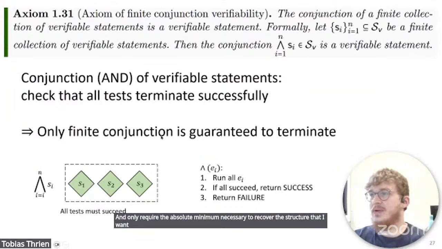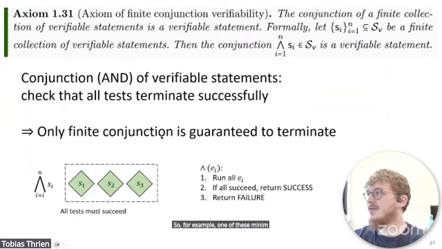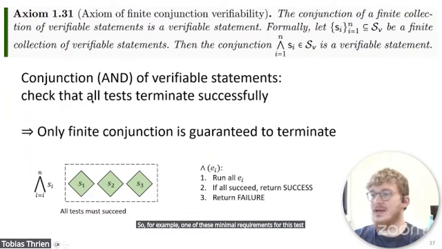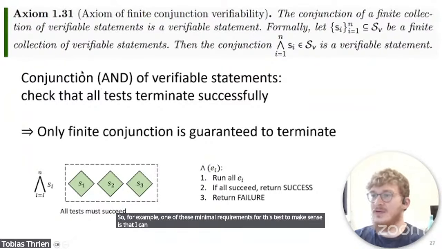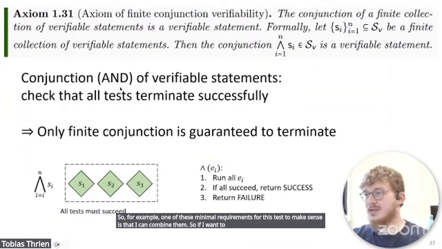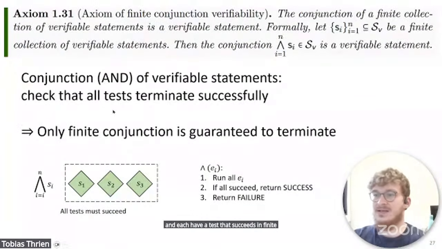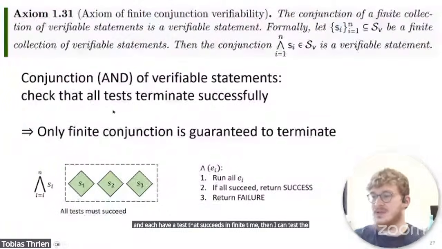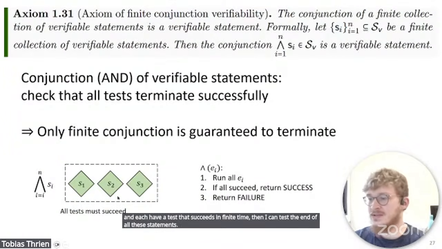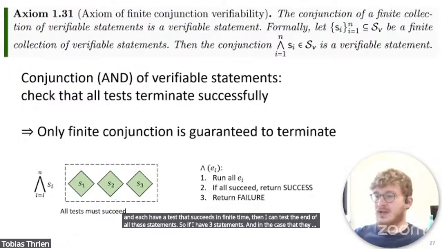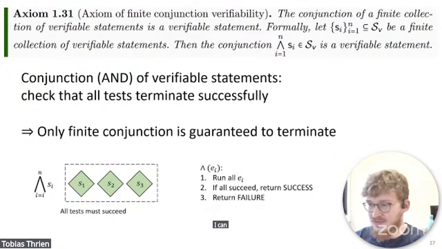So, for example, one of these minimal requirements for these tests to make sense is that I can combine them. If I want to talk about the conjunction, the and, of some verifiable statements, then if I have finitely many statements like this, and each have a test that succeeds in finite time, then I can test the and of all these statements. So if I have three statements, and they are all true, I can just run the test for the first one.